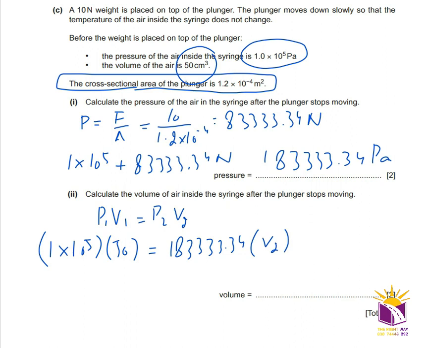For the value of V2, 183333.34 will be divided on the other side, and the volume will become 27.27 centimeter cube. So now the volume has reduced to 27.27 centimeter cube.